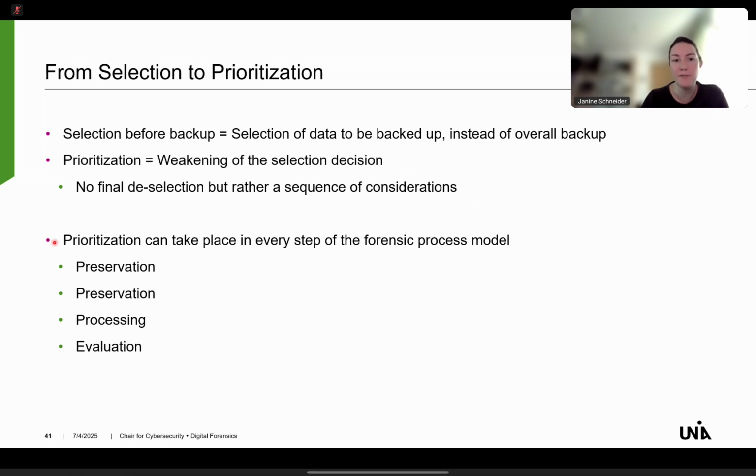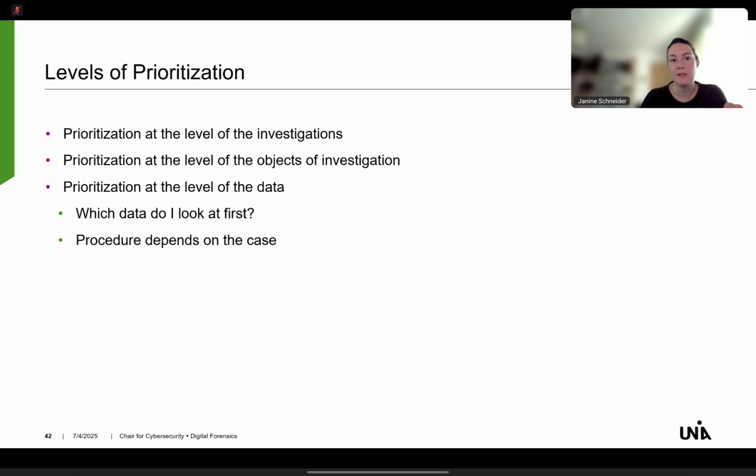And it can be done in every single step of the forensic process model. It can be done during the preservation process, which is doubled here. The processing, the evaluation, every single step of the model can have prioritization in it. Okay. So there are different levels of that.